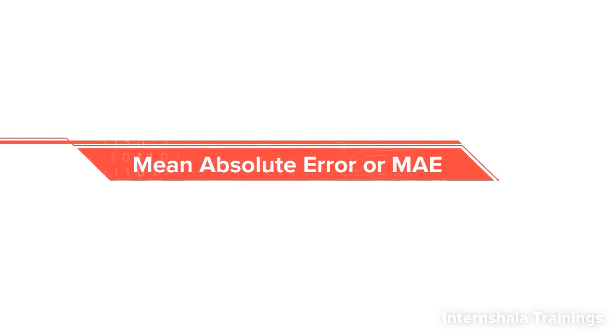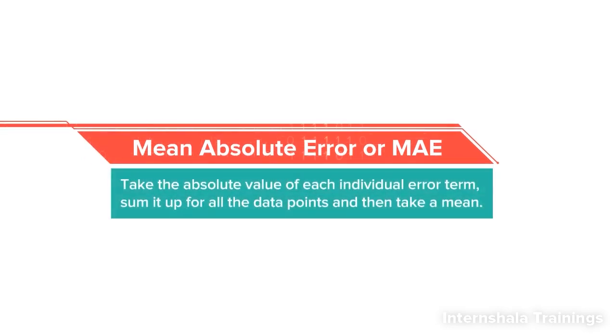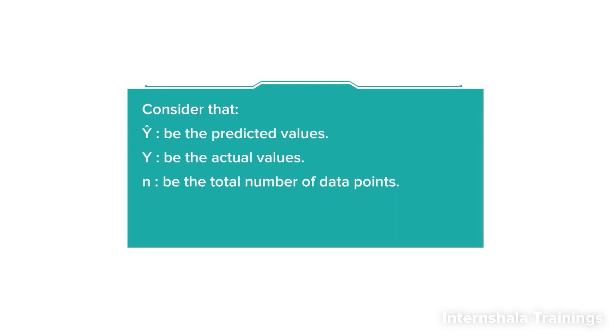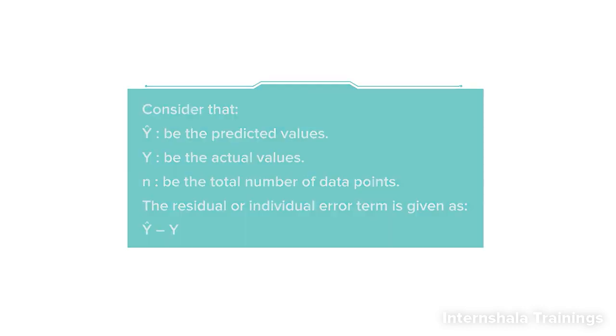In this, as the name suggests, we first take the absolute value of each individual error term, sum it up for all the data points, and then take a mean. So let's do that now. Consider y hat be the predicted values, y be the actual values, n be the total number of data points, and you know that the residual or individual error term is given as y hat minus y.